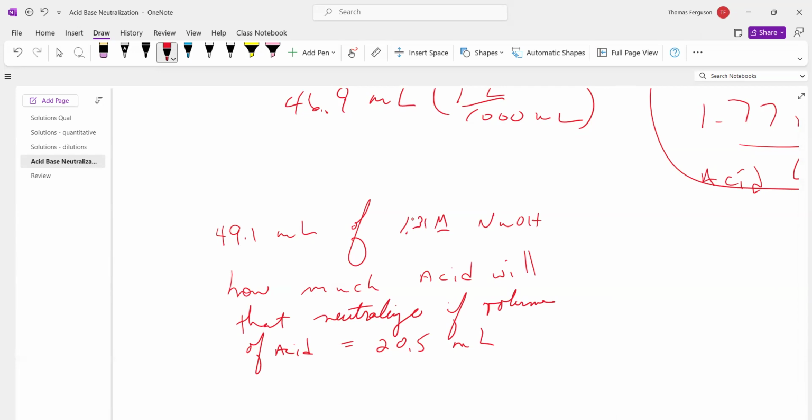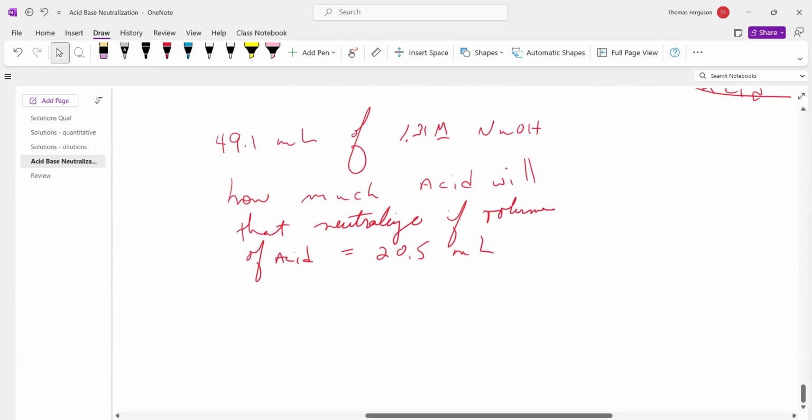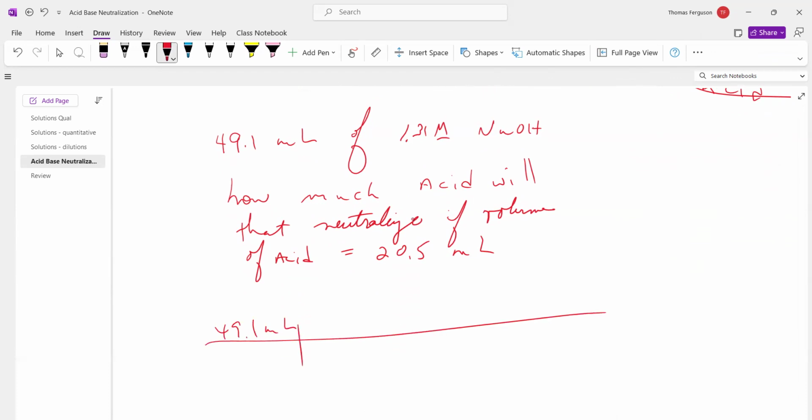So the first step is to find out how many moles of base we're starting with. We've got 49.1 milliliters. Need to convert that to liters, times 1.31 molarity, which is moles per liter.